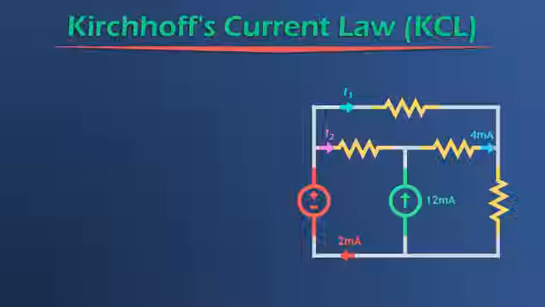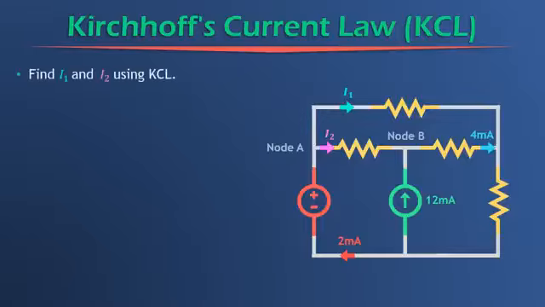And we've also set up nodes. So we're going to call this node right here node A, and this node right here in the middle node B. And now we're asked, find I1 and I2 using KCL.